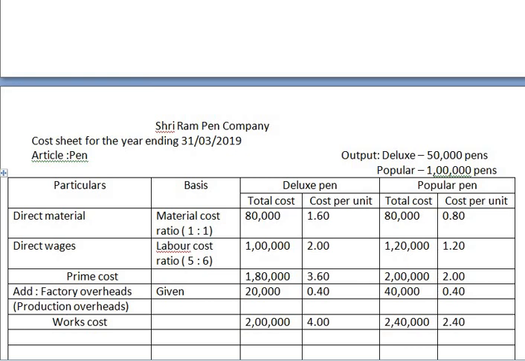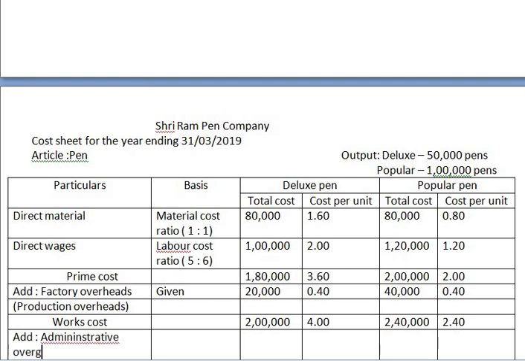The next is add administrative overheads. So what is given? 150% of direct wages.